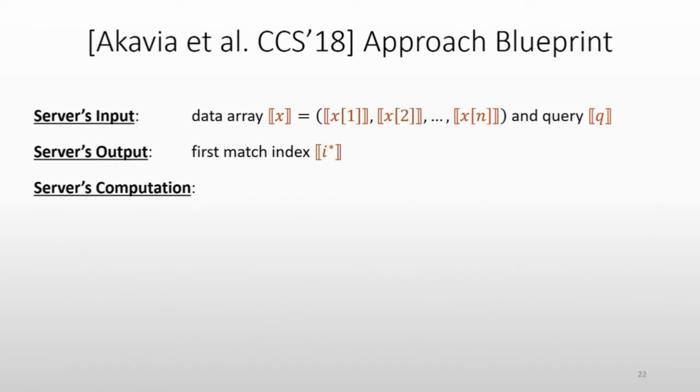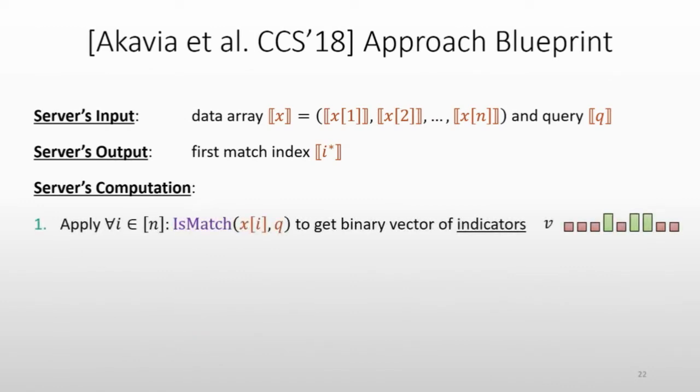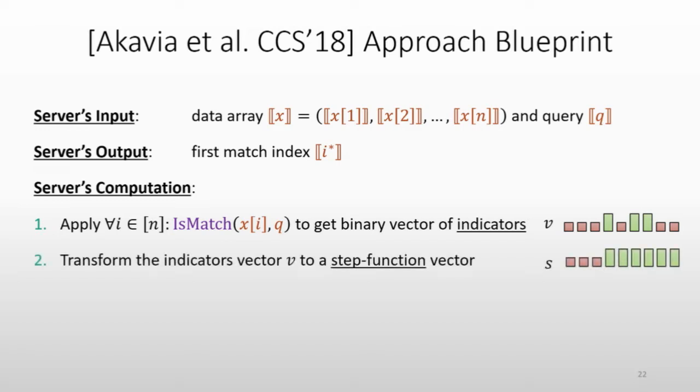Here, the server first needs to apply the matching criteria over all the elements and the query, and get a binary vector of indicators. Of course, everything here is encrypted. Now the server transforms this indicators vector into a step function vector.